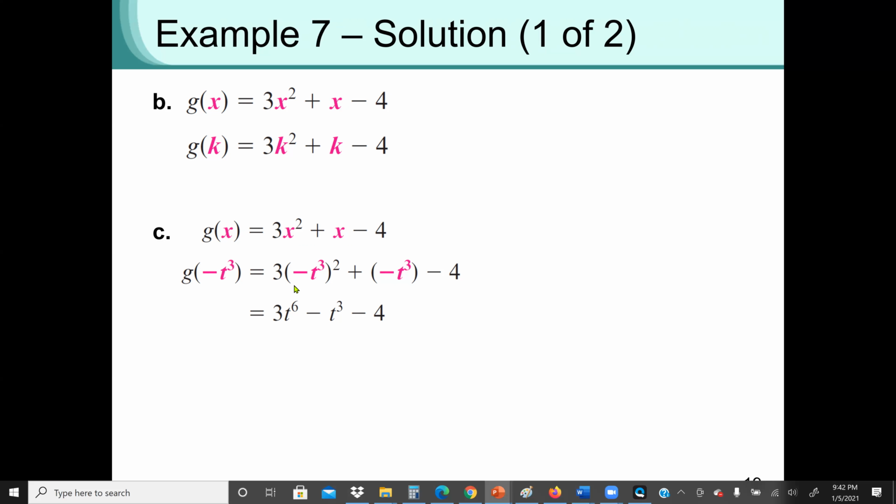So we have 3 times (negative t cubed) all squared, plus negative t cubed, minus 4. Now we know if two exponents are stacked, we can multiply them. So here we get 3 times 2, which is 6, and then t to the sixth. Then plus a negative gives me negative t cubed, and we already have negative 4.